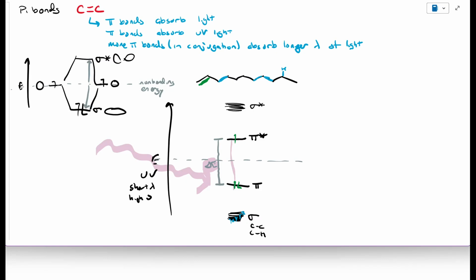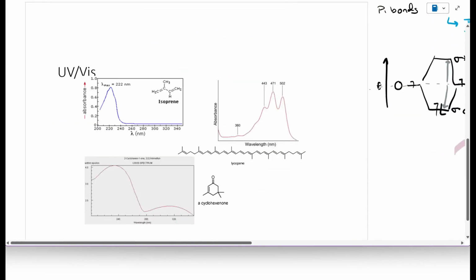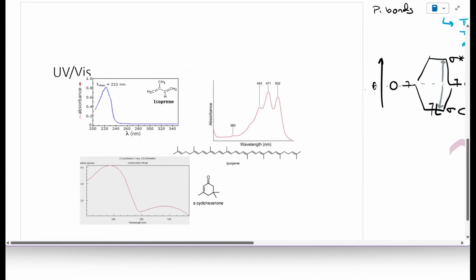This is true for pi bonds. This delta E happens to be the amount of energy associated with an ultraviolet photon. So when ultraviolet light of a very specific wavelength hits a molecule with a pi bond, it can absorb that energy and excite the electron to the pi star antibonding orbital. And we end up with a spectrum that looks something like this.